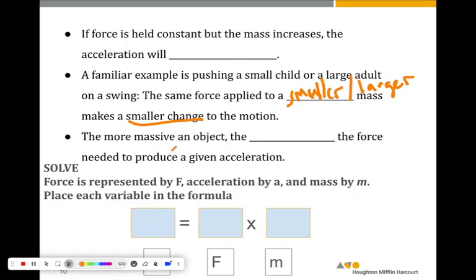The more massive an object, the greater or lesser force is needed to produce a given acceleration.